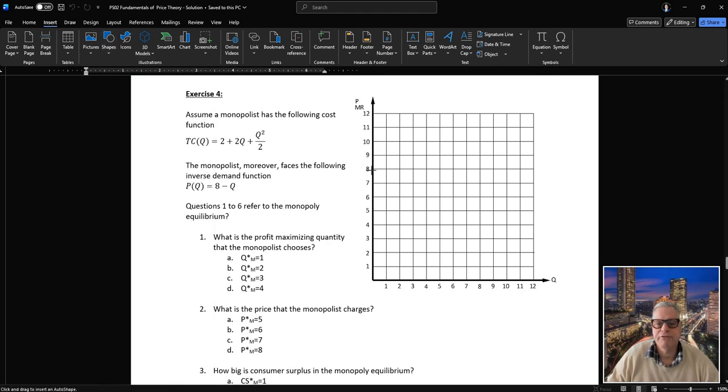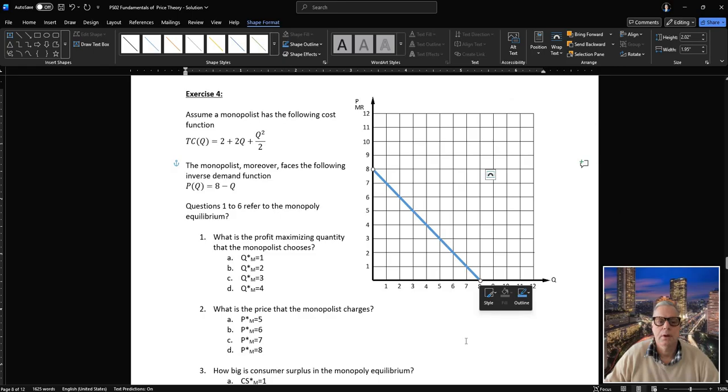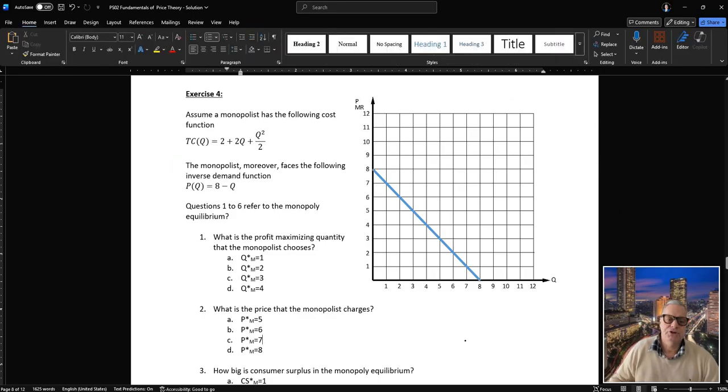So the demand function goes from 8 till 8. And the supply function is technically also the marginal cost function.